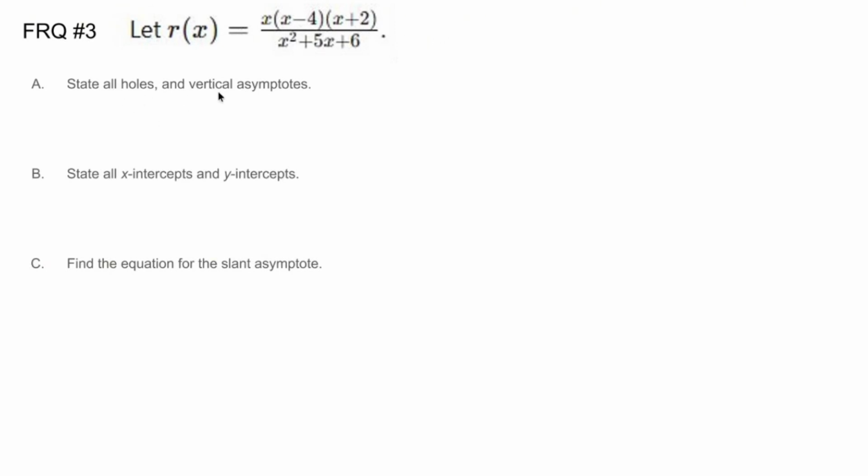So in order for us to do that, I need to make sure both the numerator and the denominator are completely factored. So the top part is good, x times x minus 4 times x plus 2, all over, factoring the bottom, two numbers that add up to 5 and multiply out to 6 are x plus 2 and x plus 3. Now, there's 5 factors, which means there's 5 magic numbers.